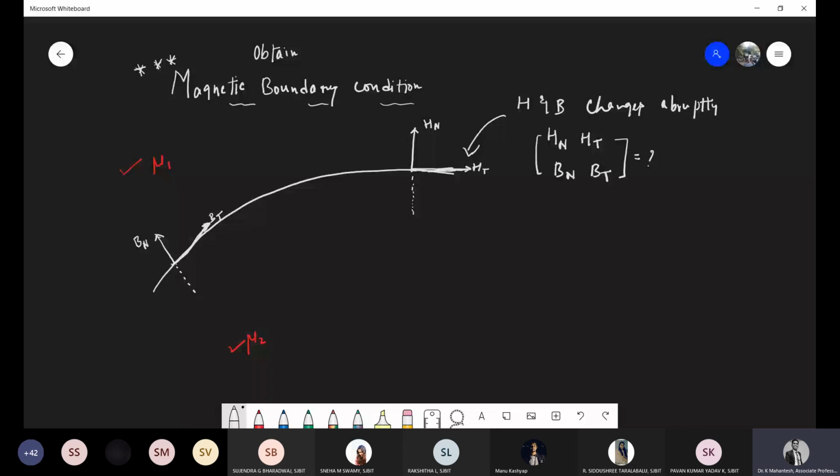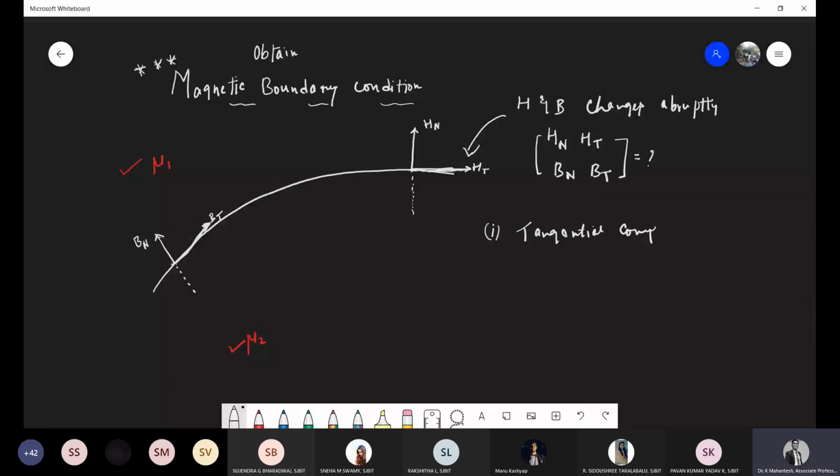So how are we going to do this? Assume that B and H satisfy certain boundary conditions between two media of different permeabilities mu1 and mu2, as shown in this figure. Let us first determine the tangential components. So we shall take the first case, to determine tangential components.